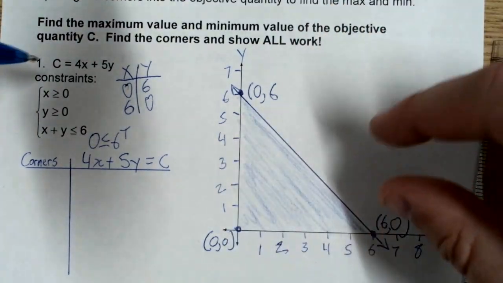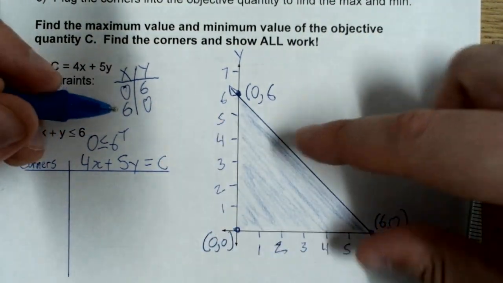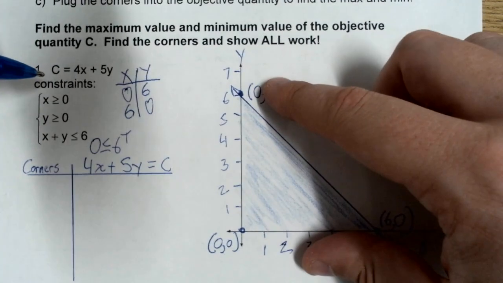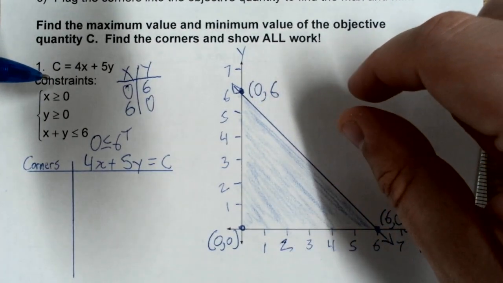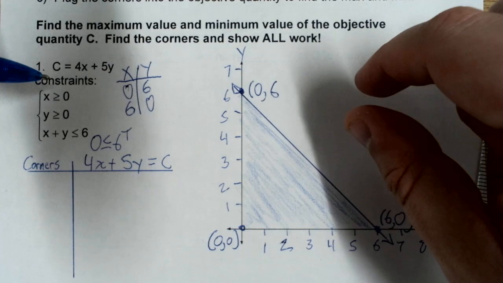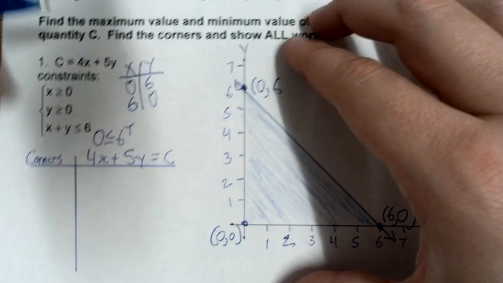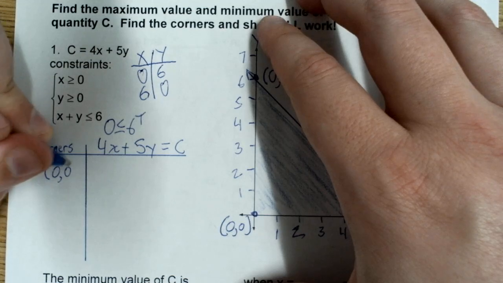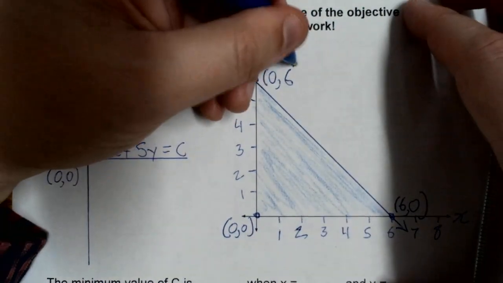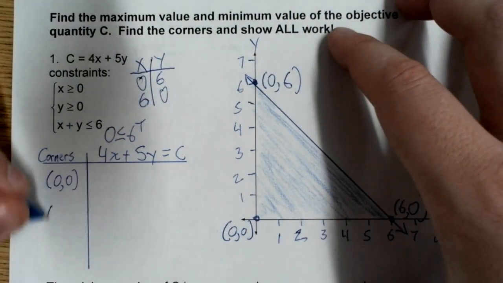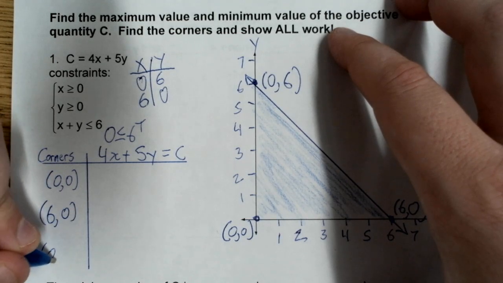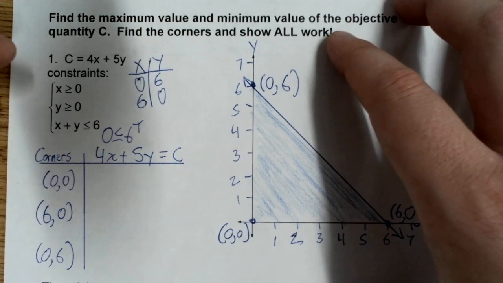Now, notice we haven't used this formula at all in making our graph, so we are using it now for the first time to find our maximum and minimum here. So my three different corners would be the origin, 0, 0, then I have 6, 0 and 0, 6.